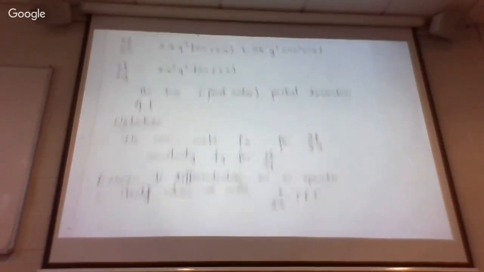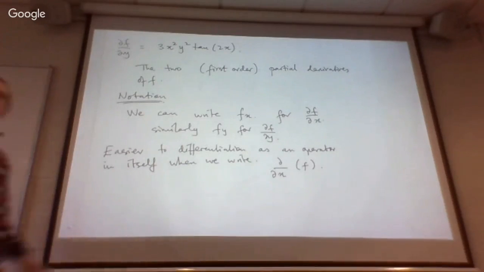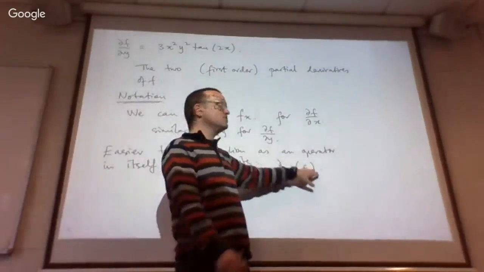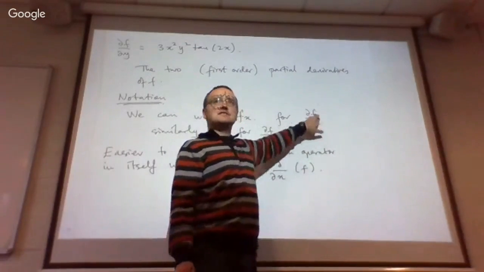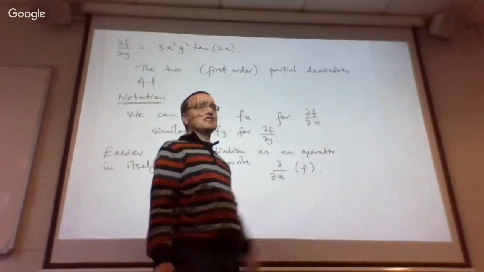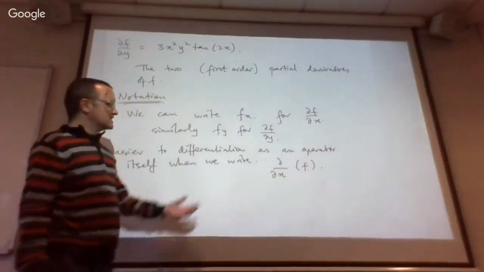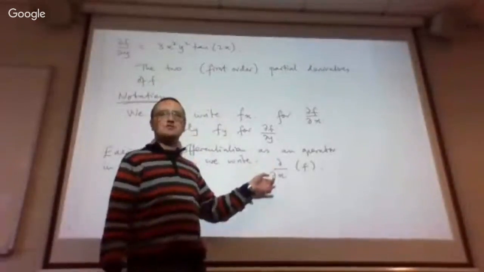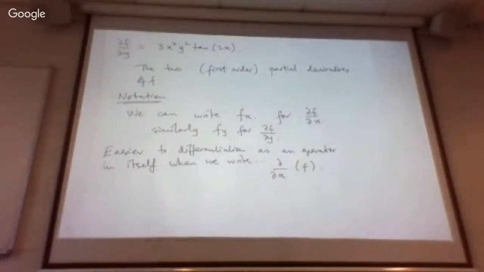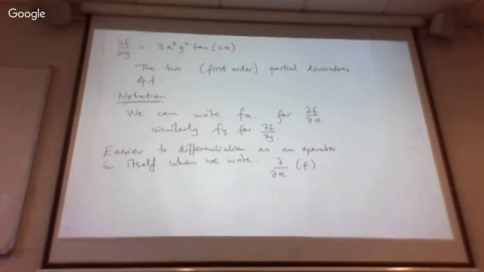The partial derivative with respect to x, this is an operation which we apply to the function f. So that kind of sense is displayed by this kind of notation here. So you can see on its own, having an existence in its own right, this process of partial differentiation. And that can be a good way to think about it sometimes.